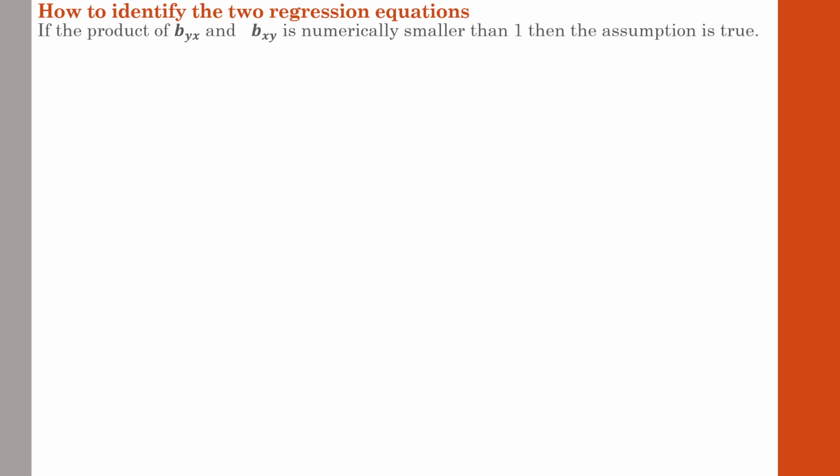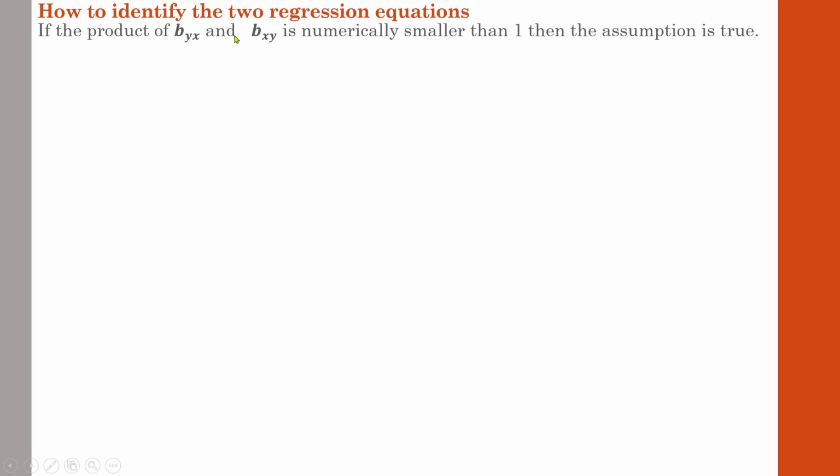So you will get the values of byx and bxy on the basis of the assumption. The next thing you have to do is make sure whether your assumption was correct. How are you going to check that? Just multiply the coefficients of regression, that is, the values of byx and bxy.